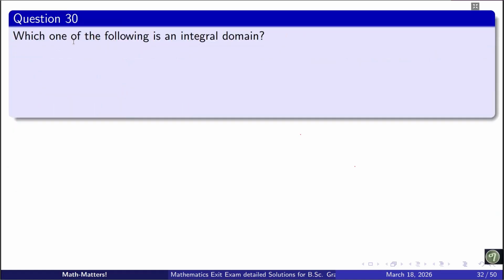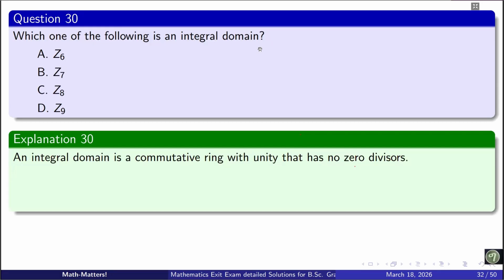And next, which one of the following is an integral domain? In order to answer this question, we must first be clear what an integral domain is. An integral domain is a commutative ring with unity that has no zero divisors.